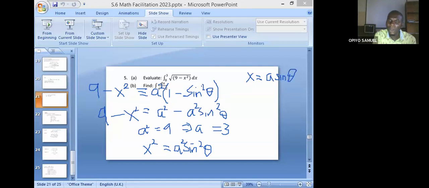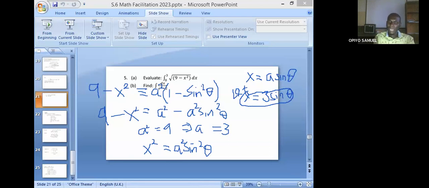But a is already known. a is equal to 3. So this is 3 sine theta. That's how, when you are changing variable, you let x be this. That's how we generate it. I made a shortcut to write this one here, but this is how it is generated.